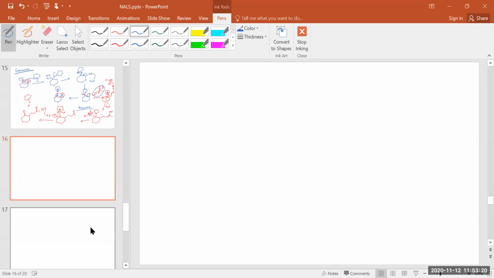I will give you guys another example. Let's say you have acetone, and you take this aldehyde, an alpha beta unsaturated aldehyde, and you take the catalyst pyrrolidine. What will happen?